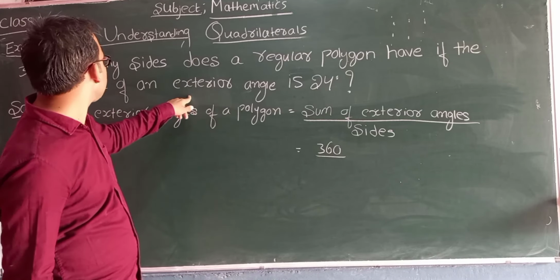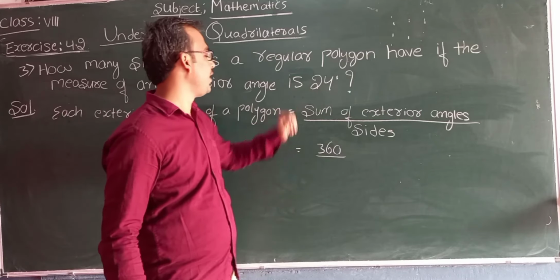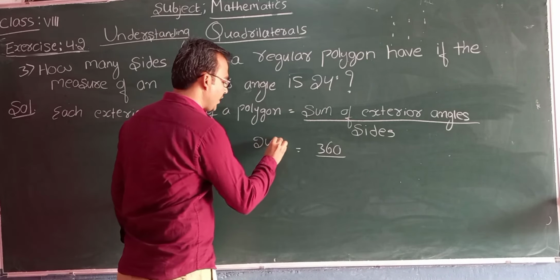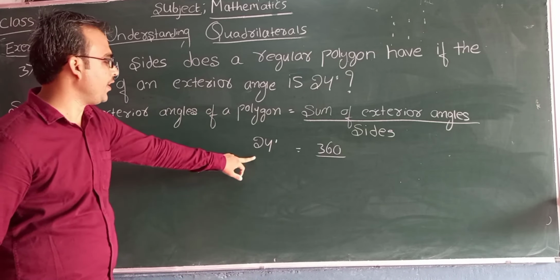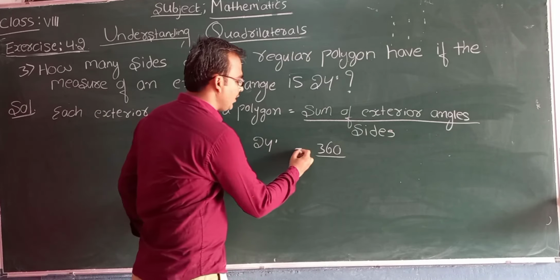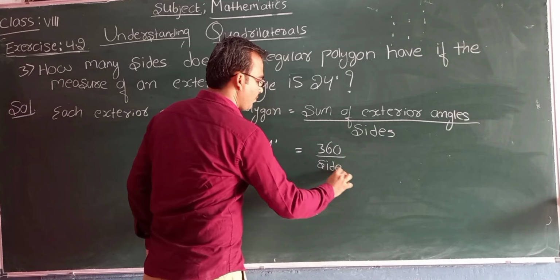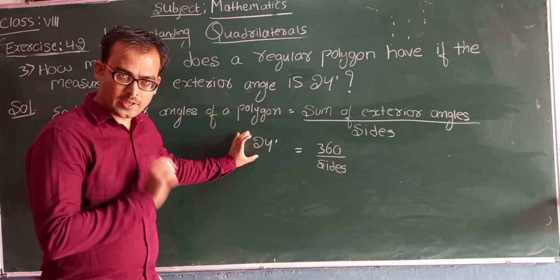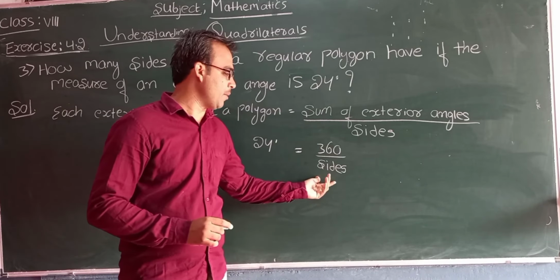Here they have told us the measure of an exterior angle is how much? 24 degrees, and they have not told the sides. So we'll write here as it is: each exterior angle is 24 degrees. This equals the sum of exterior angles divided by number of sides.